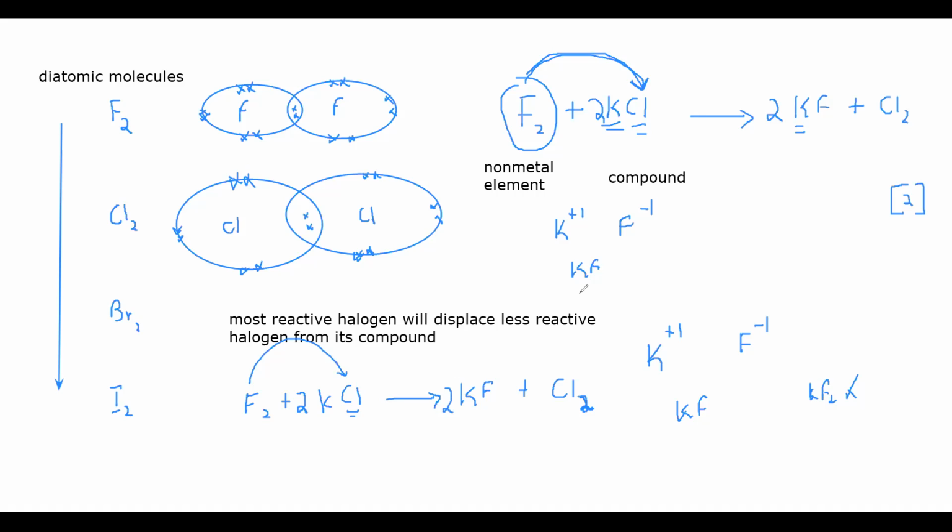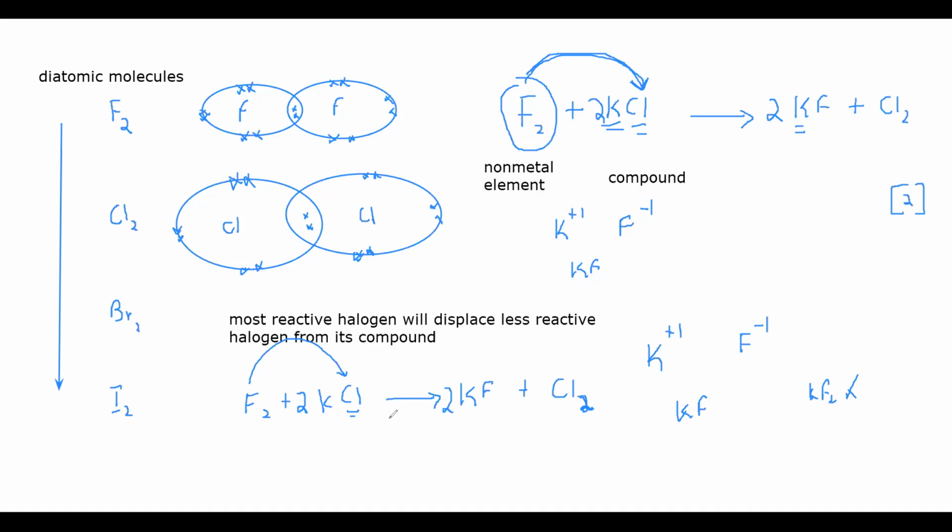Is it clear? Yes, sir. And about fluorine, we have 2 fluorine on the right hand side and 2 fluorine on the left hand side. So fluorine is also balanced. So all the elements of this equation are balanced in terms of fluorine, chlorine and potassium.